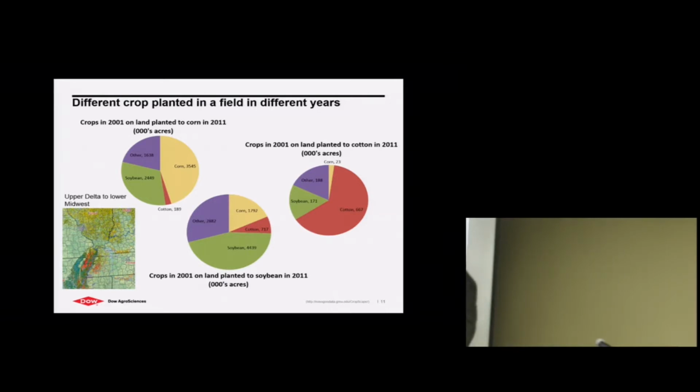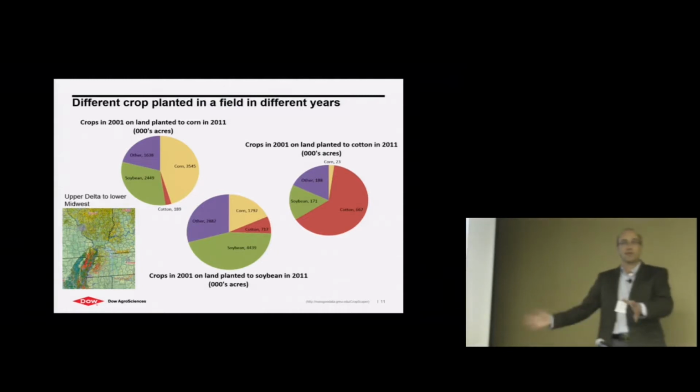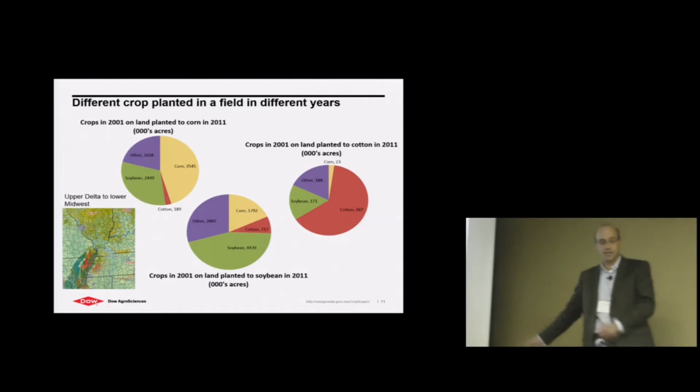I remember the slide now. So a field that was corn in 2001, was it still corn in 2010 or 11, whatever this is? Same for cotton, same for soybean. And no, the crop in each field is changing. If you plant cotton in your cornfield, you don't have your corn pest to worry about anymore, and they've had to go somewhere else, and we need to include that in the model.